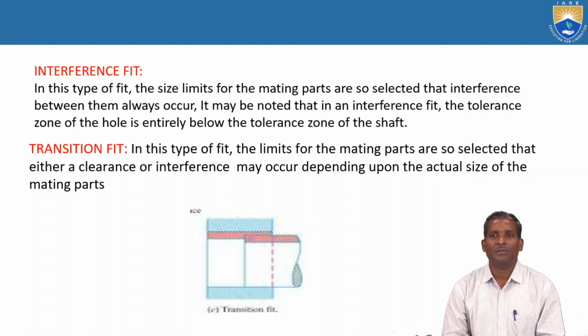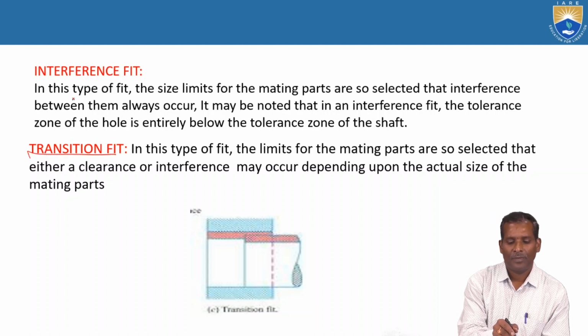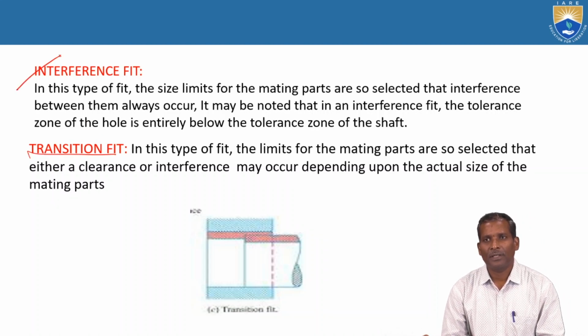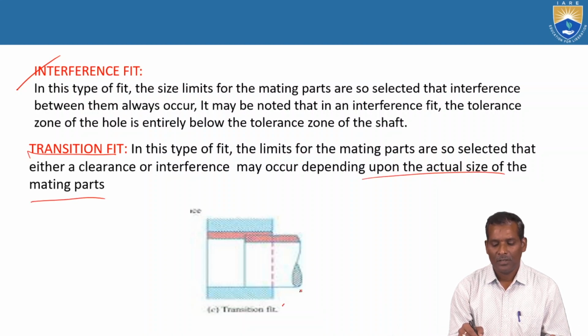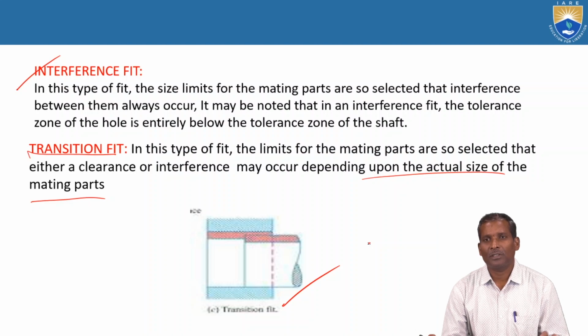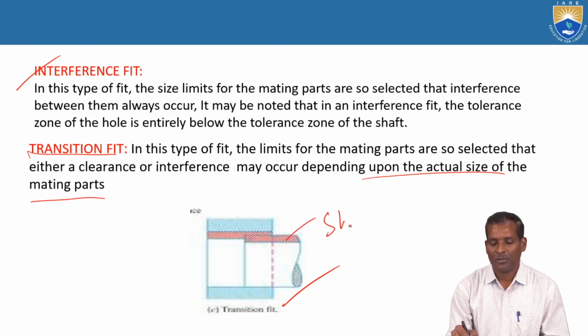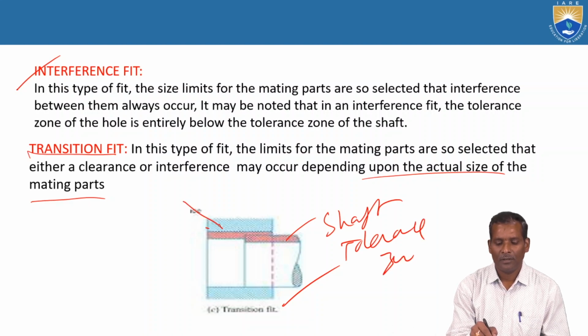So next one is transition fit. What do you mean by transition fit? In this type of fit, the mating parts are selected such that either clearance or interference may occur, depending upon the actual size of the mating parts. This is the shaft tolerance zone and the hole tolerance zone.